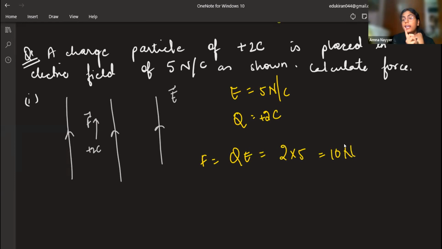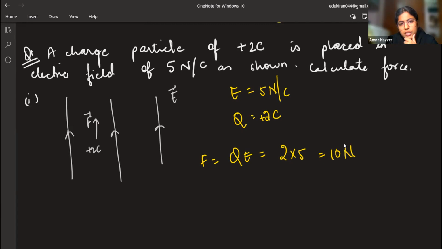But do not just write your answer as 10 Newton and leave it. Your answer will be 10 Newton with the unit vector that will specify its direction, whether I cap, J cap, K cap, whatever unit vector it is. But specify the unit vector at least. For example, this is a positive charge, so electric field and the force both will have the same direction.